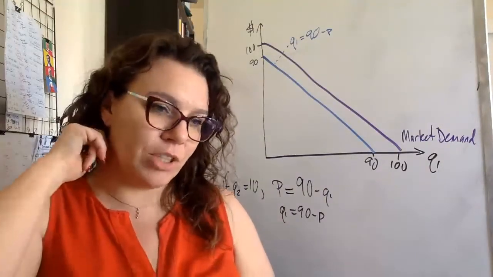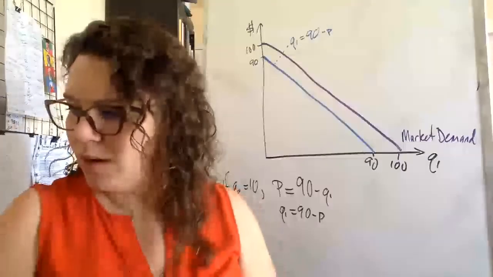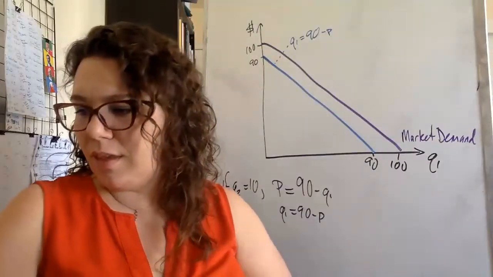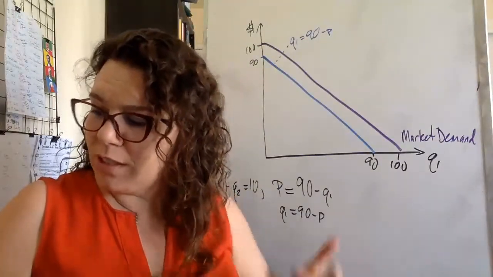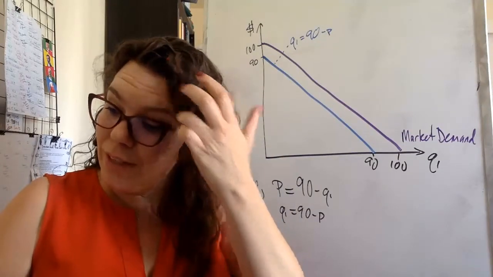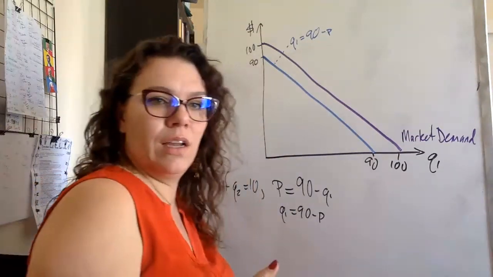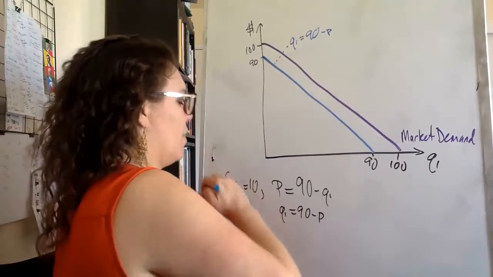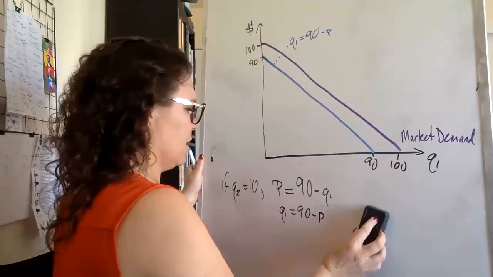And then the marginal revenue curve is given by the equation. Its marginal revenue is equal to 90 minus 2Q1, and so that's going to look like this.